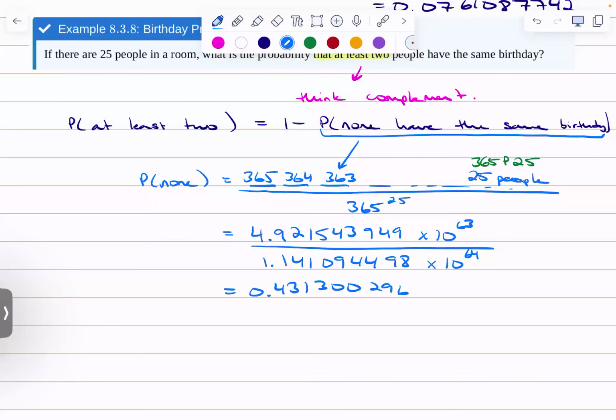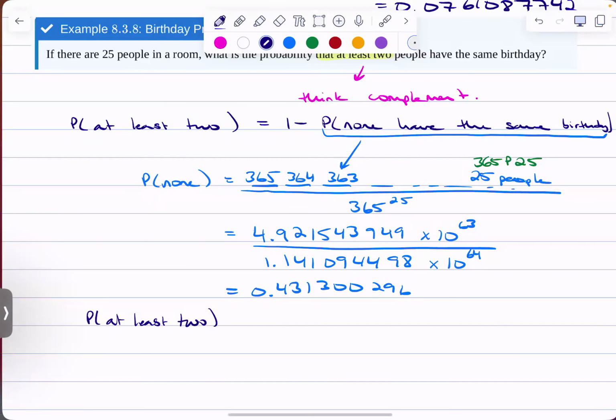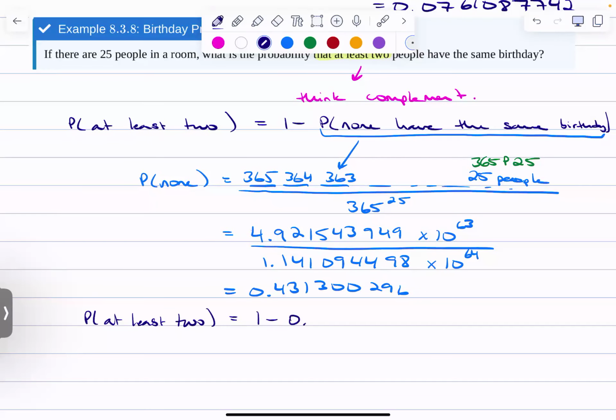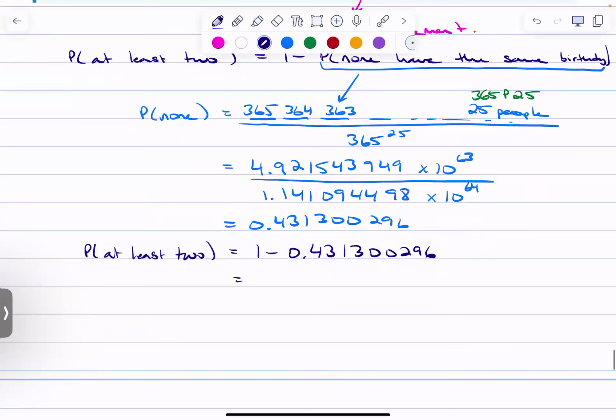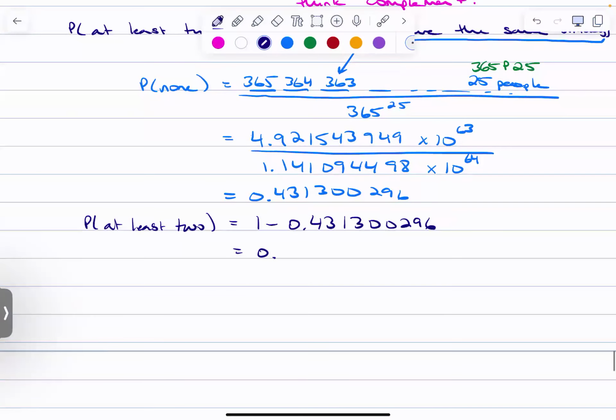It's high, but it's not that high. And so what that means is that the probability of at least 2 people having the same birthday is 1 minus 0.431300296, which means it's roughly 0.5686997.